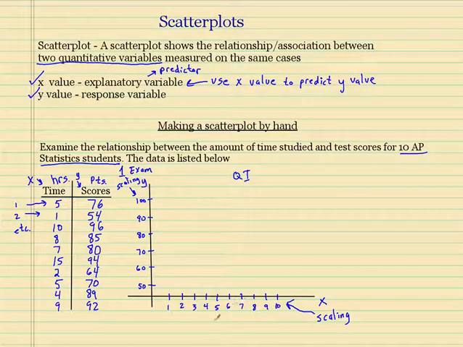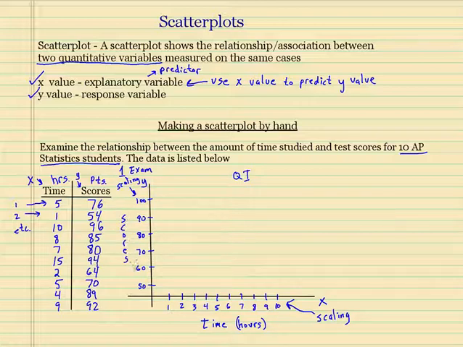So this is going to be time, and put the units down, because time has many units. Okay, good. There's your time, and for here we'll go ahead and put the scores. Scores in general are just points, so that'll be fine.